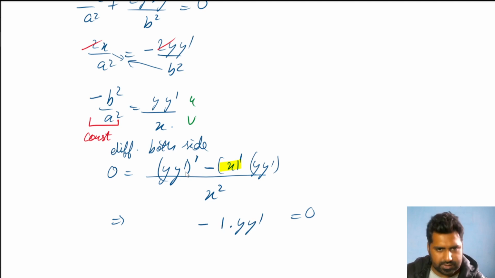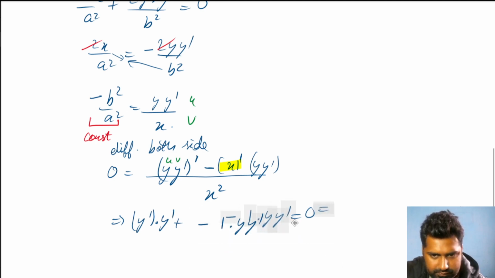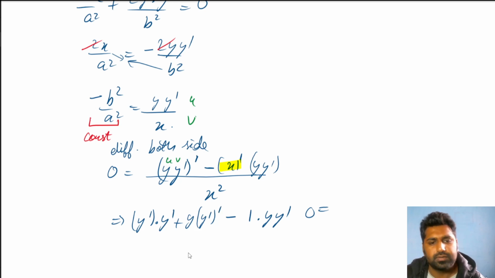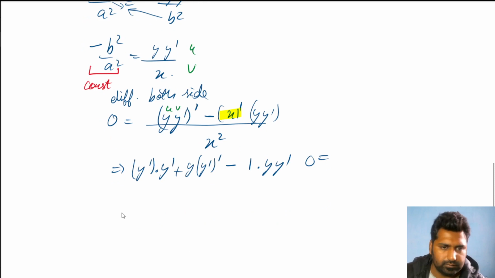In order to do this, again 2 things are being multiplied and you have to differentiate that. So you will use uv again. Differentiation of y, first y dash as it is, plus y as it is, differentiation of y dash. Again I'm repeating, what have we done?